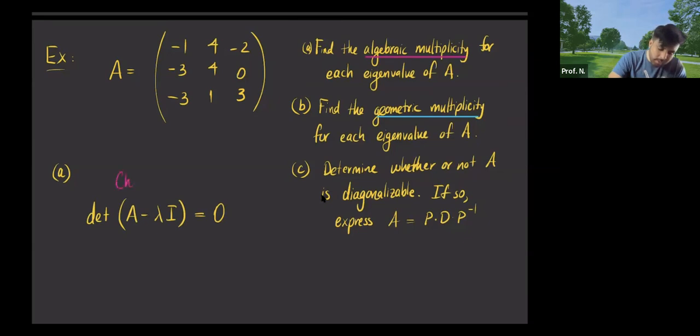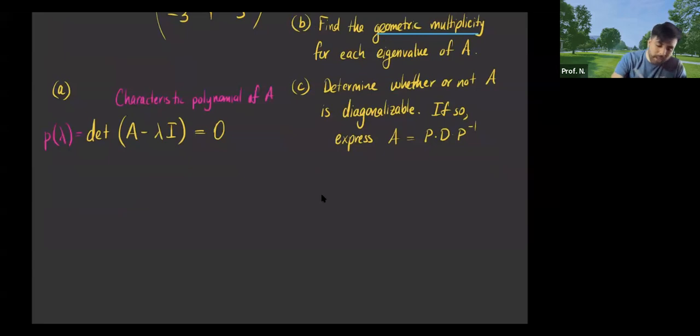This is the characteristic polynomial of A. We call this the characteristic polynomial because when we perform the determinant upon this matrix A minus lambda I, we get a polynomial. So don't forget that.